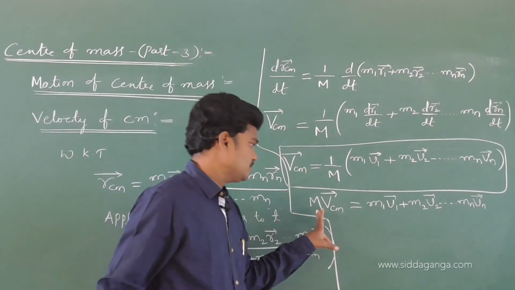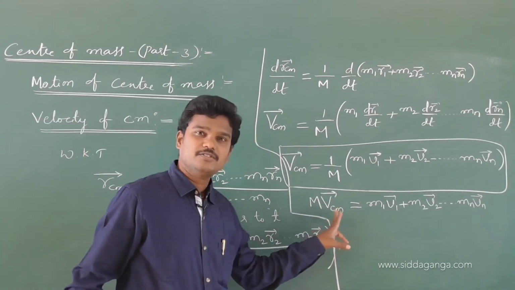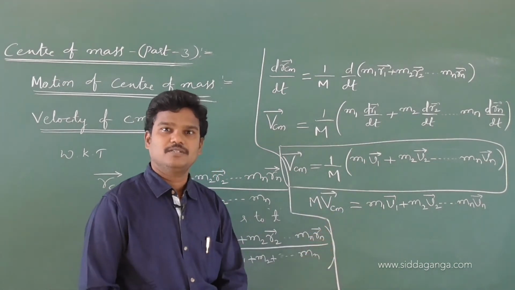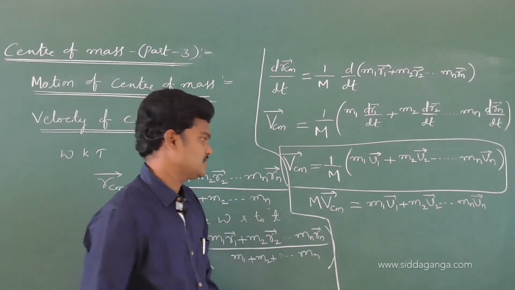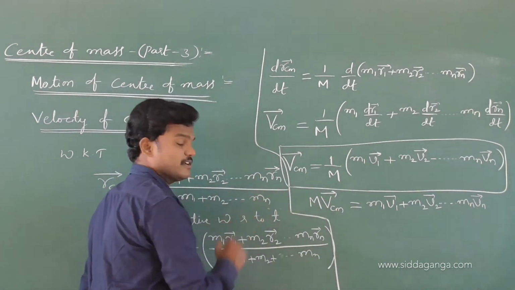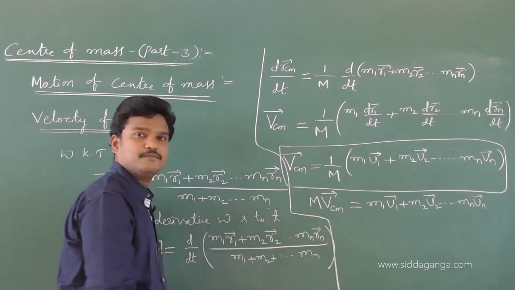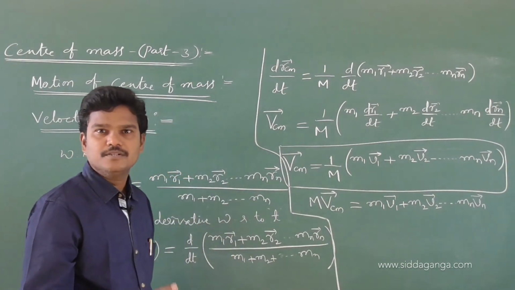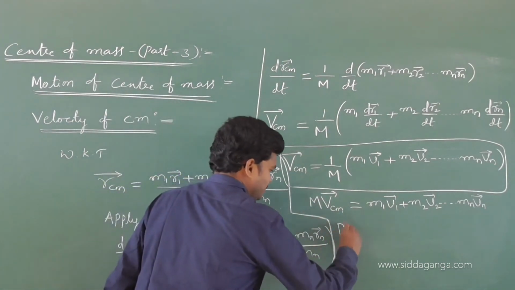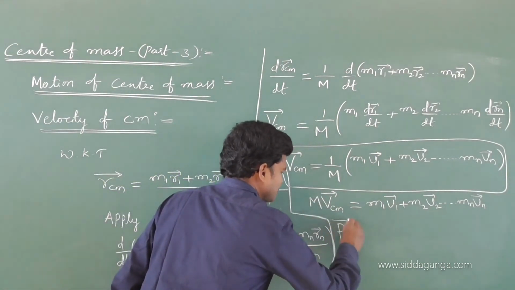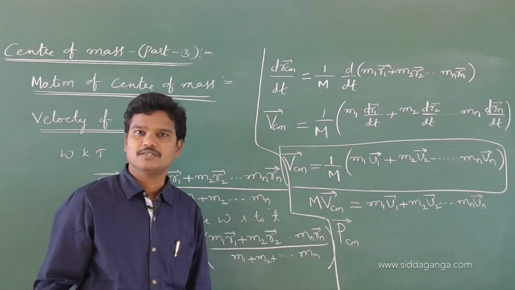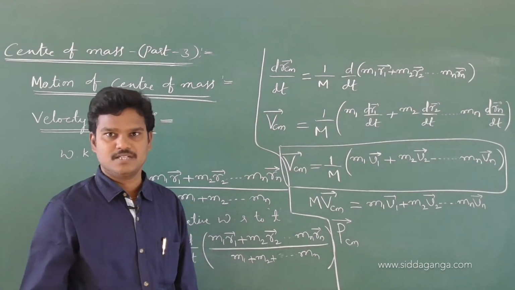So the product of mass and velocity of center of mass is nothing but the momentum of center of mass of a system of particles. So we can write PCm bar, momentum of center of mass of a system of particles.